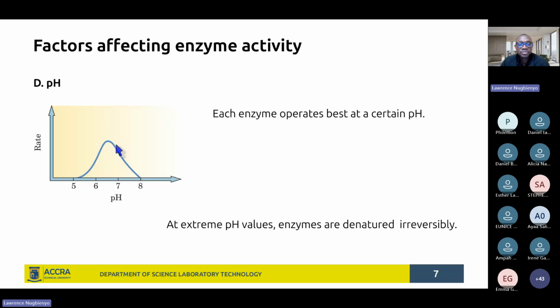So for instance, if you take alpha amylase, say salivary amylase in the mouth, we have a pH just hovering around neutral to slightly basic. And you have salivary amylase being active there, breaking down carbohydrates.